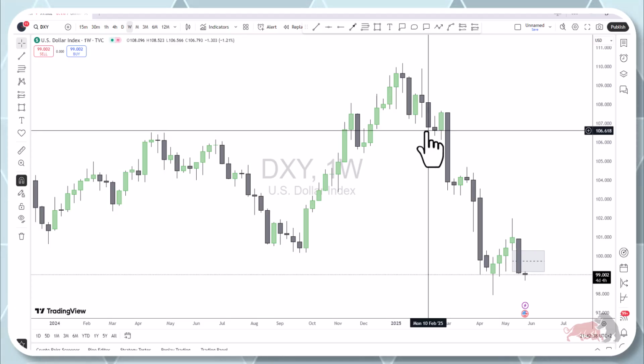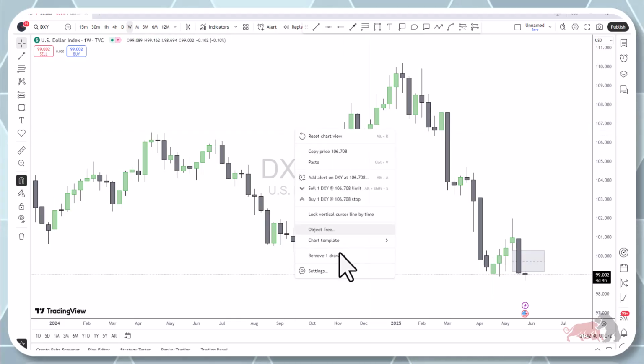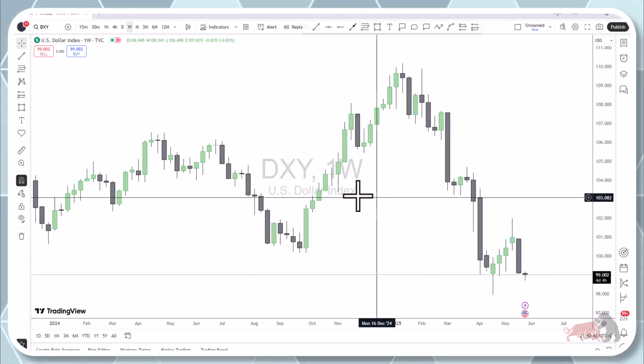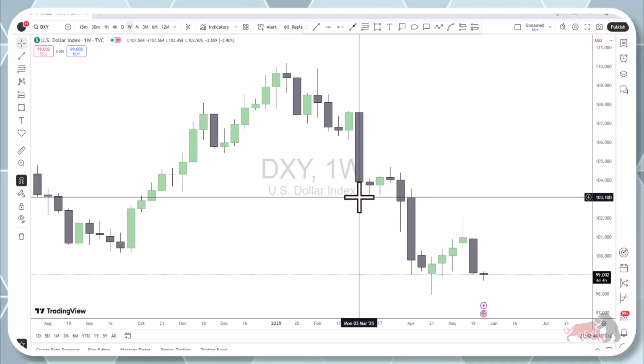So now, looking at the technical breakdown of this asset. Many people always ask me, even people who haven't joined the mentorship, why do I focus so much on the dollar index? The reason is that it is my benchmark. I don't do anything in the markets without looking at what's happening with the dollar.